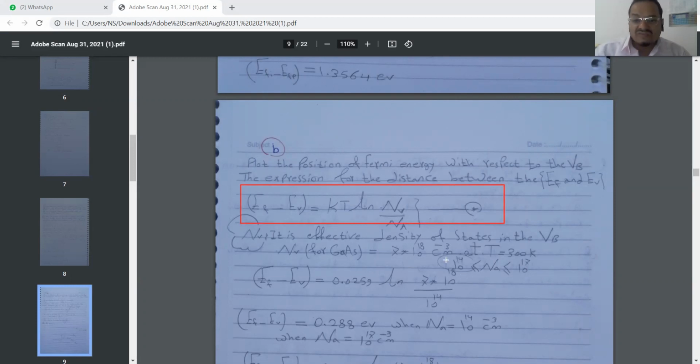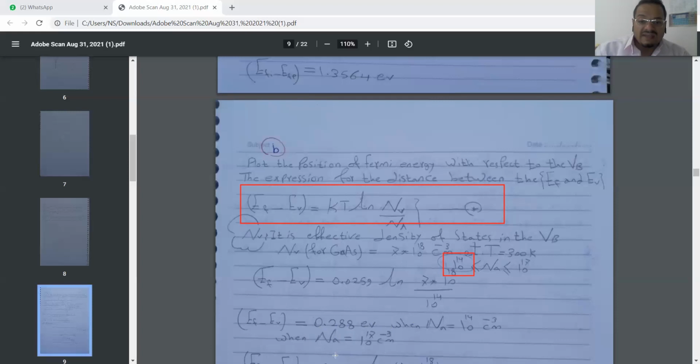Now, let's start from 10^14. kT is 0.0259, then NV, that's constant at room temperature, but we must calculate it again if the question changes the temperature. 7 times 10^18 divided by 10^14, the last result is 0.288 electron volts.